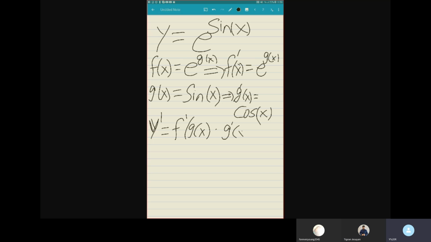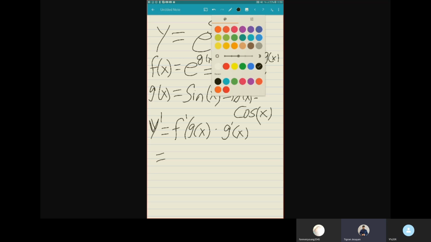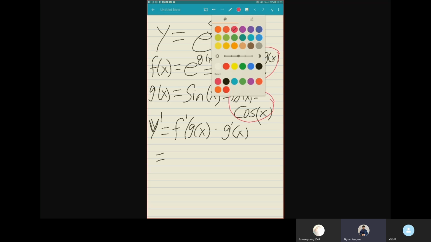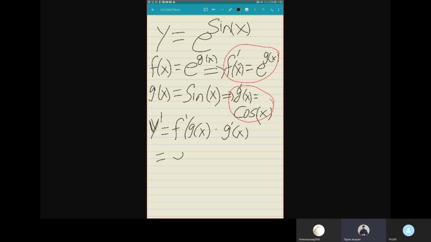Now all we need to do is replace those terms. f bar of g(x) is e to the power g(x), and g(x) is sine x. So we write e to the power sine x times cosine x. Yes, that's it.